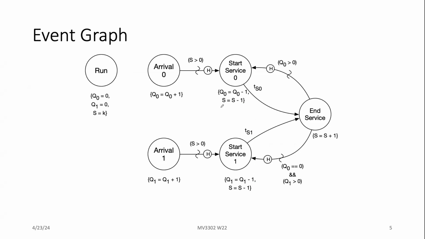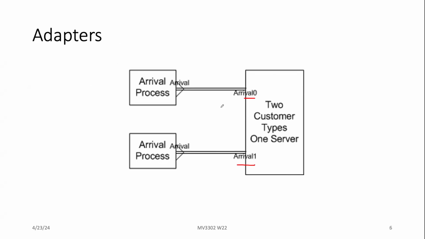The events are the state transitions and the scheduling. The listener diagrams are instances. So this would directly translate. We would need to decide what the parameters are, but in terms of the structure, we would instantiate two arrival processes and connect them using adapters.